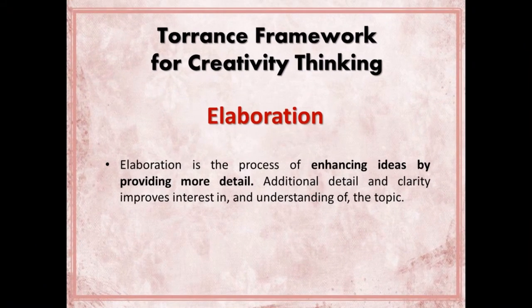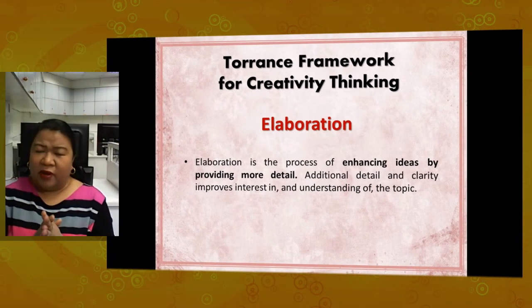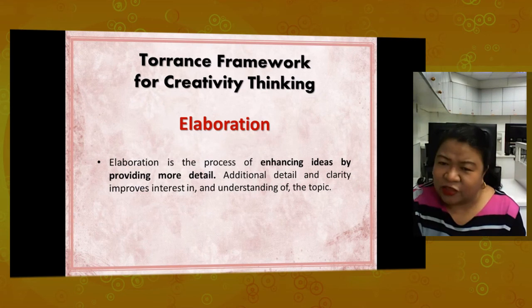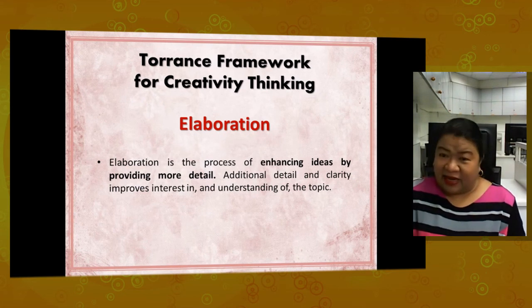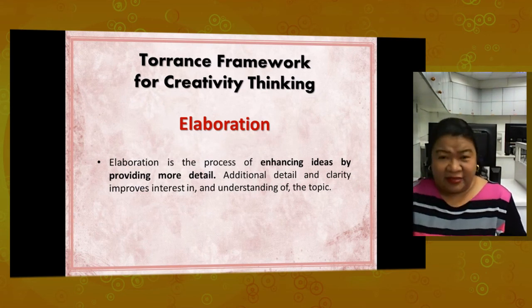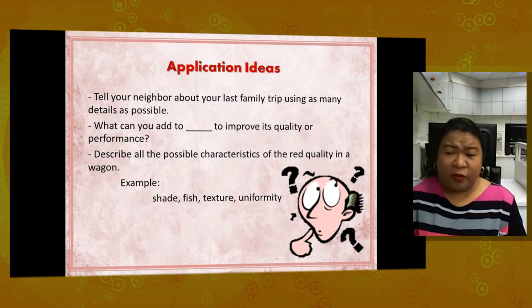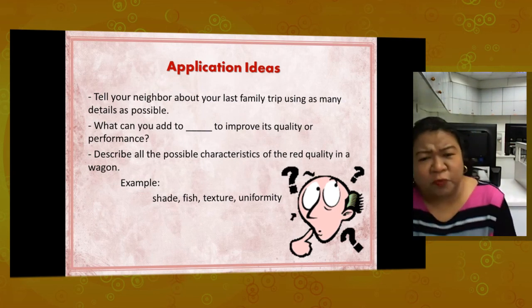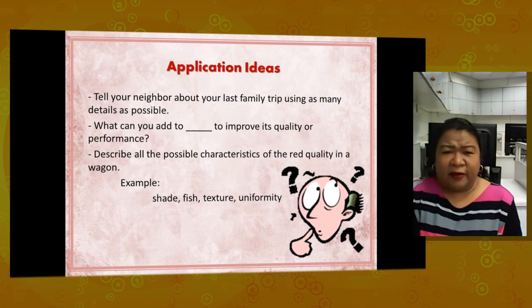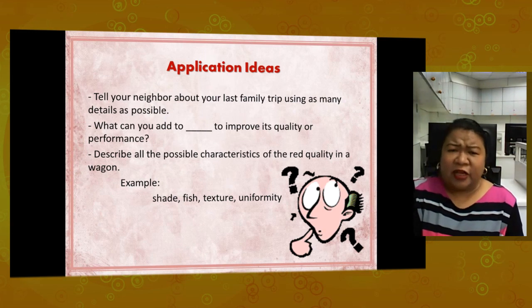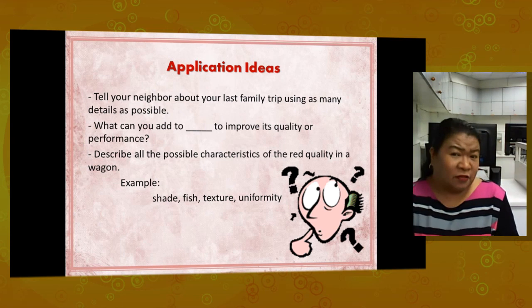It is the process of enhancing your ideas by providing more detail. So if fluency is many ideas, this one is now going into details of a certain idea to enhance an idea. So that is elaboration. An application would be like, tell your neighbor about your last family trip using as many details as possible.